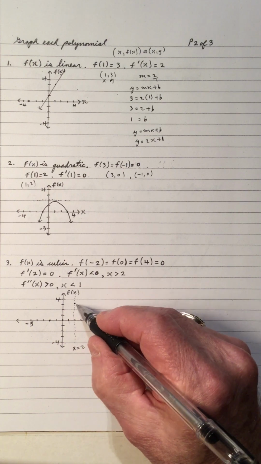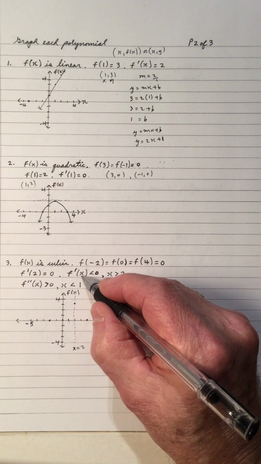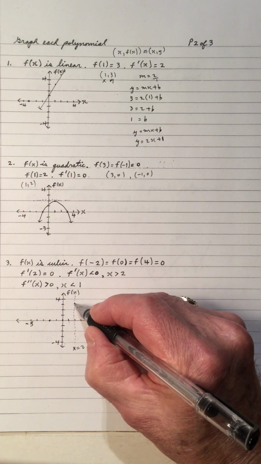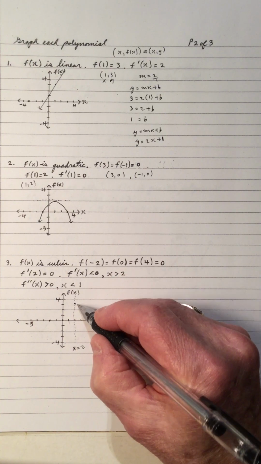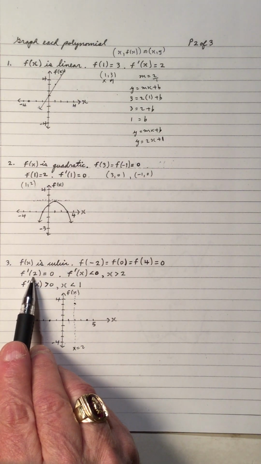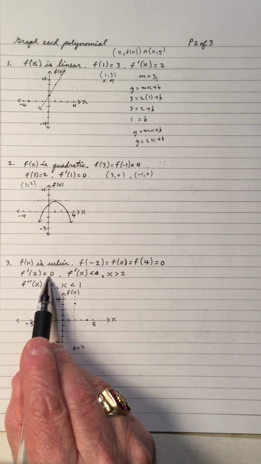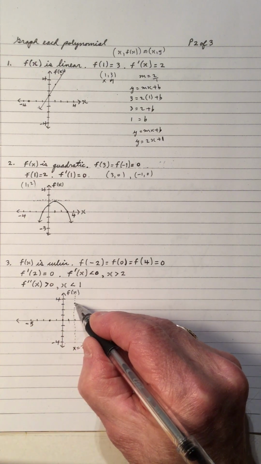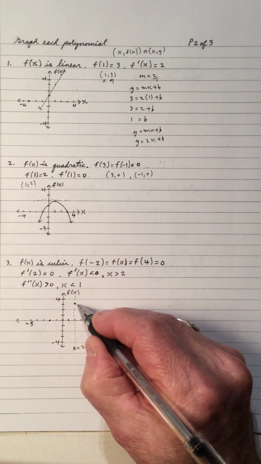It says that when x is greater than 2, the derivative is less than 0, so it must be coming down through here. And at 2 we have a 0, so at 2 we have a maximum or minimum point.